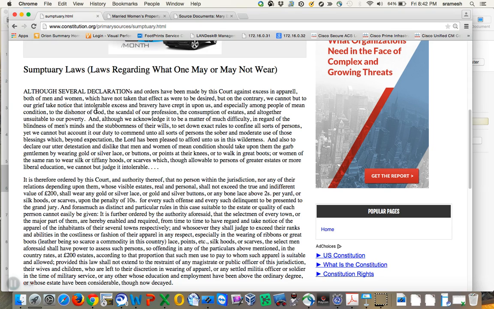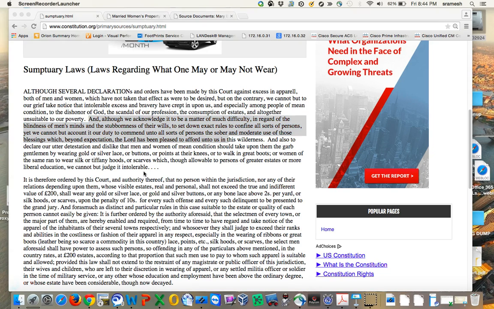The laws were created to control the intolerable excess of fashion in the public eye, because it was seen as unacceptable to the community, and it was the duty of authority or lawmakers to condemn upon all sorts of persons the sober and moderate use of those blessings. Such a law was based on the social class as to who could attain such wealth to be displayed within a public realm.